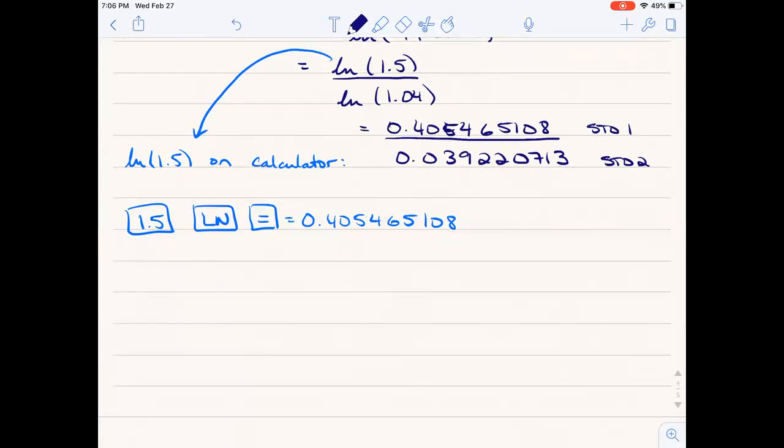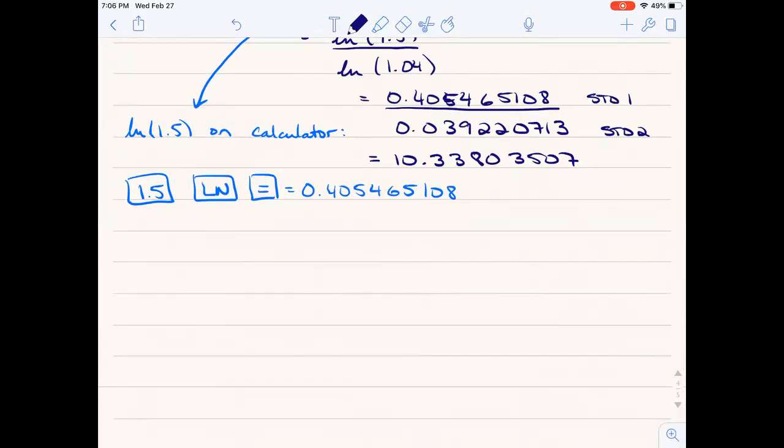So now if I take the first one divided by the second one, recall 1 divided by recall 2, you should get an answer of 10.33803507. So make sure that's the answer that you get.